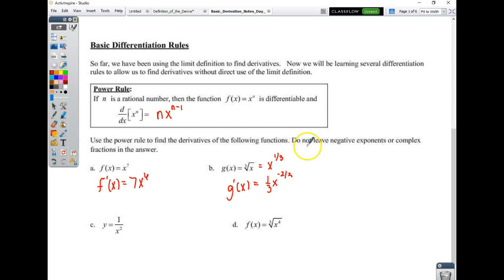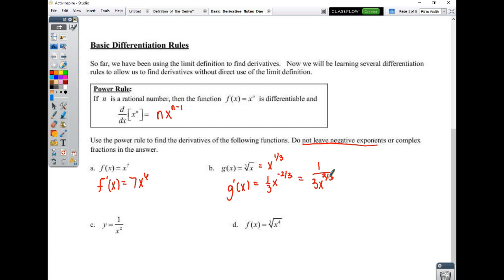Now, okay, my instructions say do not leave negative exponents. Fine. 1 over 3x to the 2/3. Also says complex fractions. My argument, that's not a complex fraction, that's an exponent.